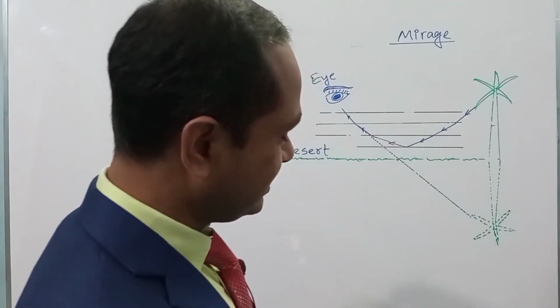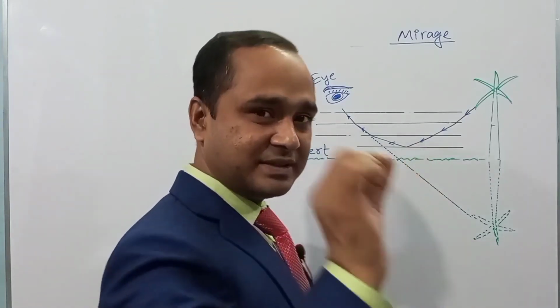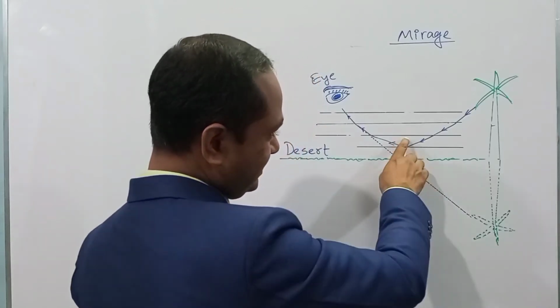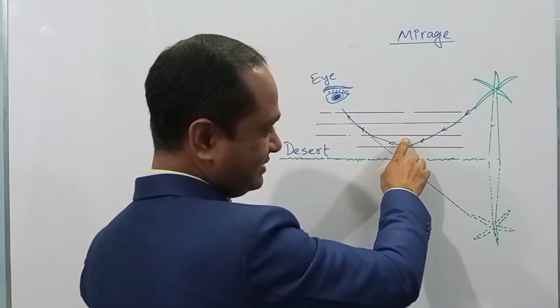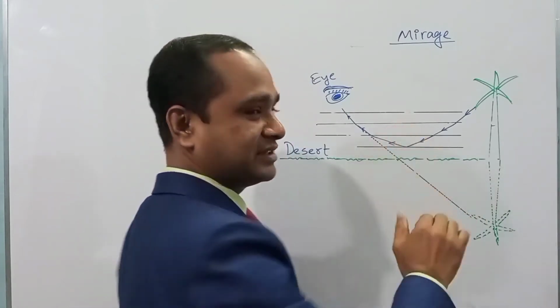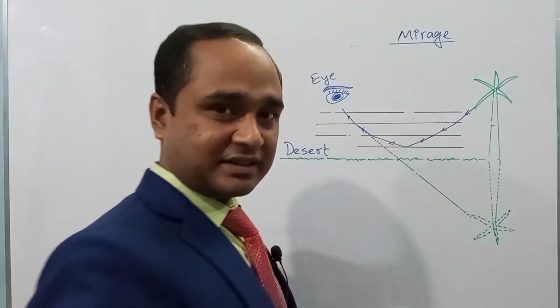So the second layer is denser than the first layer, the third layer is denser than the second layer, and the fourth layer is denser than the third layer.